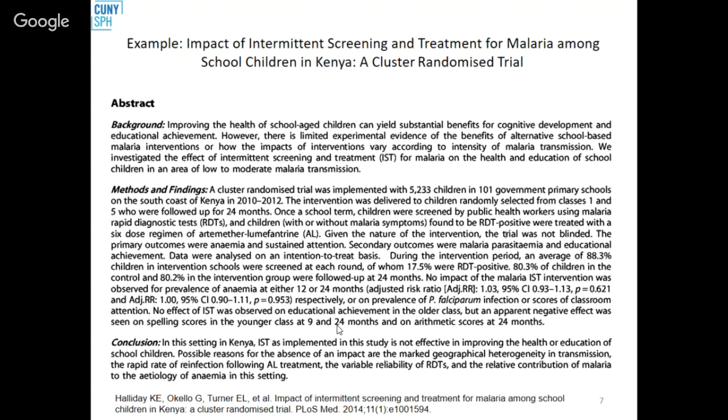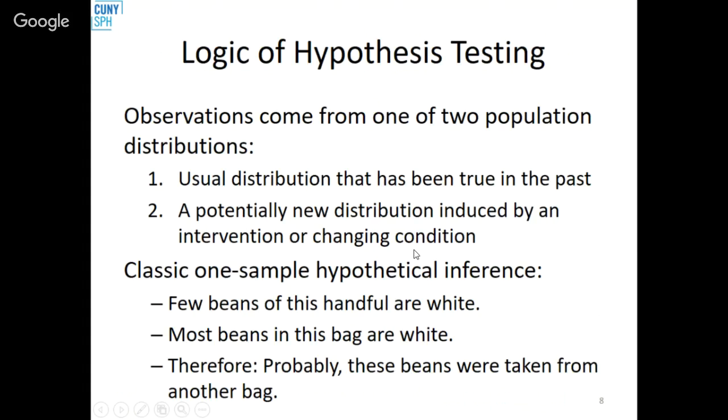And in fact, the result of the study was that the intermittent screening and treatment as implemented was not effective. The risk ratios that they saw were consistent with sampling error. So there's an example of application of hypothesis testing and confidence intervals.